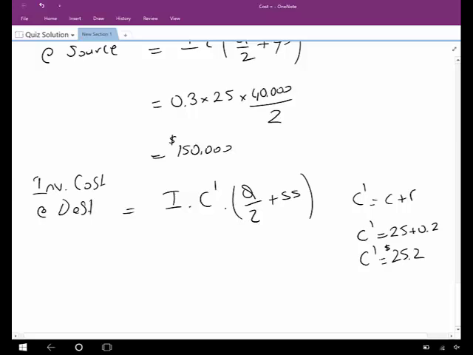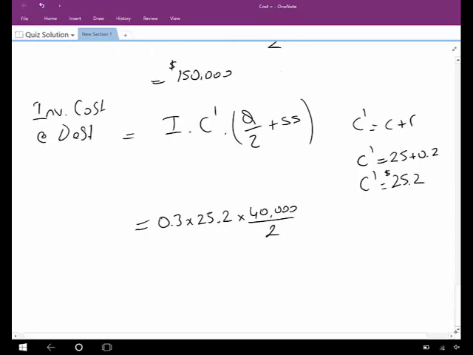So write it here, 0.3 times 25.2 times 40,000 divided by 2. And the total cost in this case is $151,200.